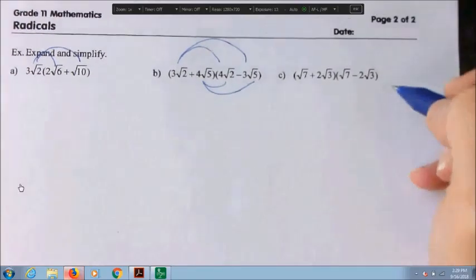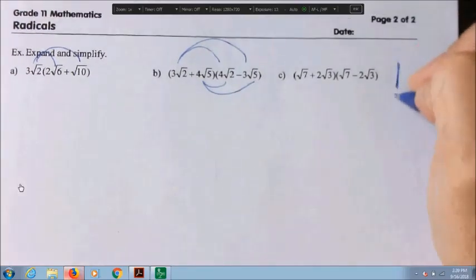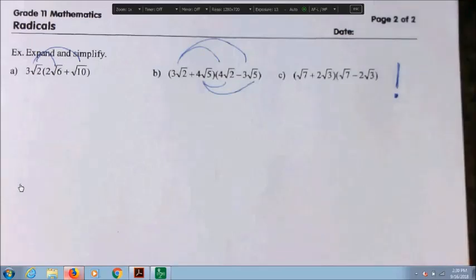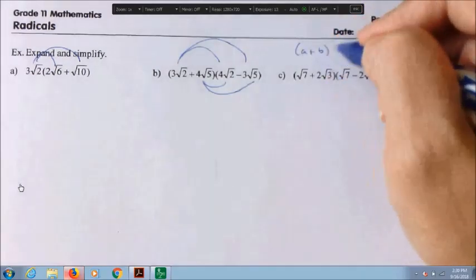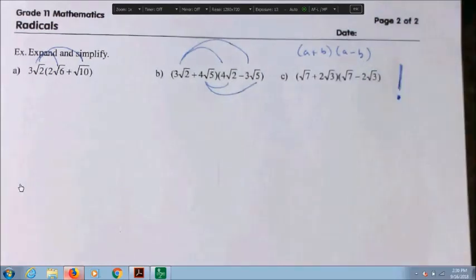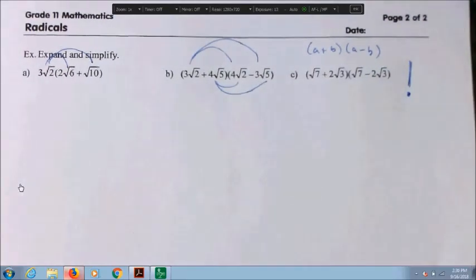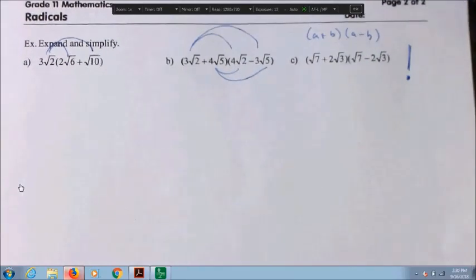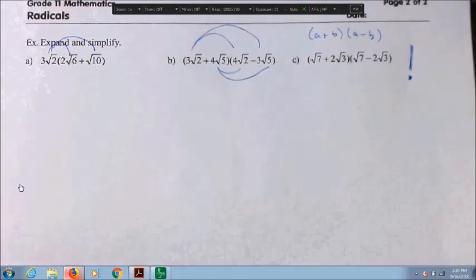And we're going to do the same thing over here, only notice, this is special. This is a plus b times a minus b, which you should recognize as something special. But you can go through with the expansion, pause the video, and come back and check with me.